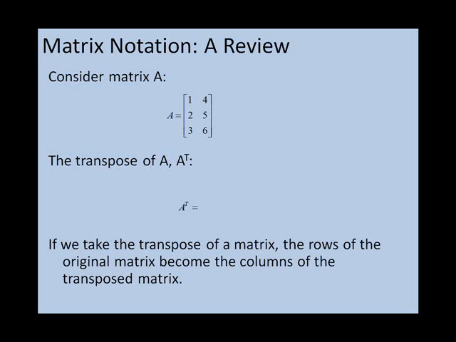So row 1 is going to become the first column: column 1 is going to be 1, then 4. Column 2 is going to be 2 and 5, and column 3 will be 3 and 6. That is the transpose of A. We will use transposes a lot, so please get used to this notation.